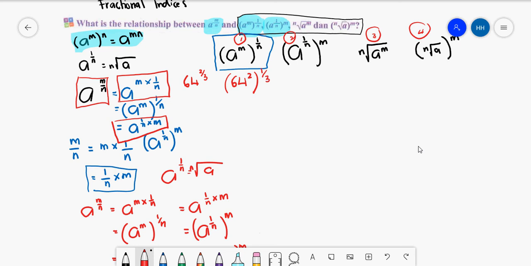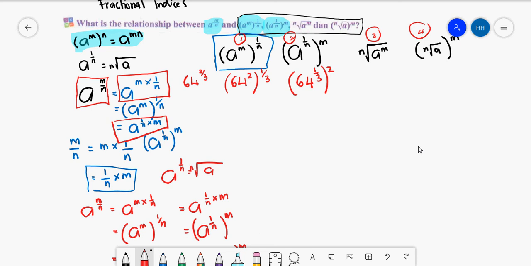And then for the second form I write 64. Now 1 over n inside, so I put 1 over 3 inside, and then m I put outside. The m here is 2. And for the third form, n root a to the power of m, so look at the root.